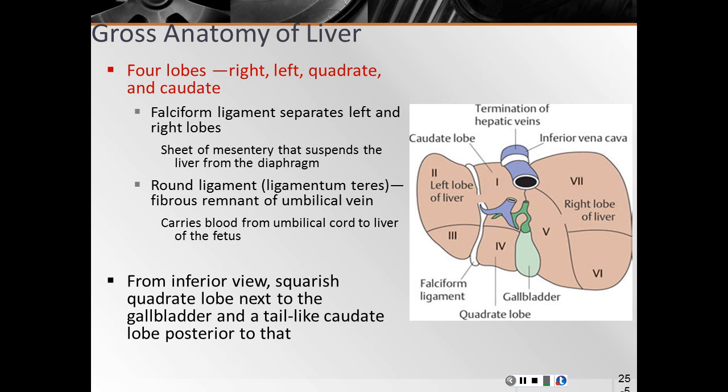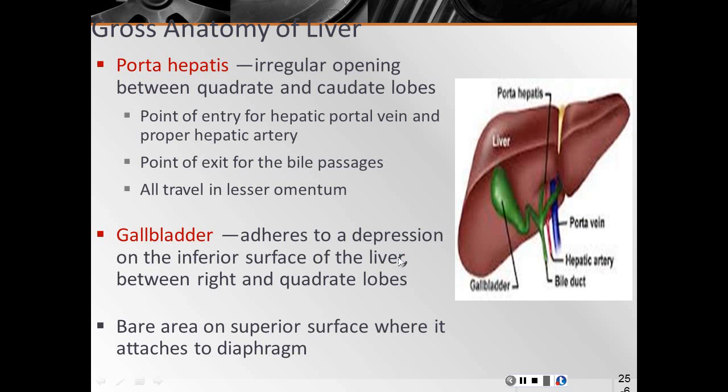Now from the anterior view, here we go, the quadrate lobe is seen next to the gallbladder, and the tail-like caudate lobe is posterior to that. Now we have an irregular opening between these 2 lobes, the porta hepatis, which is a point of entry for the hepatic portal vein and the proper hepatic artery, which we'll see in a different diagram.